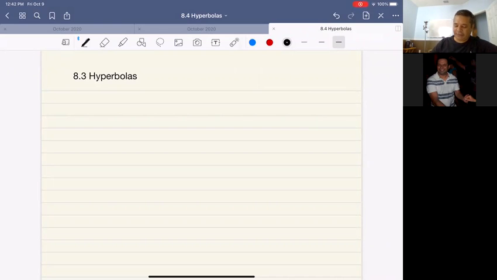Here we have two foci, and the difference of the distance to the two foci is constant.